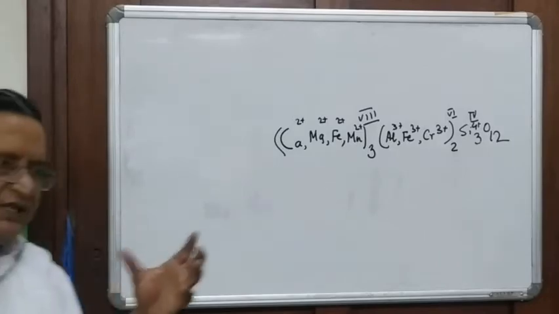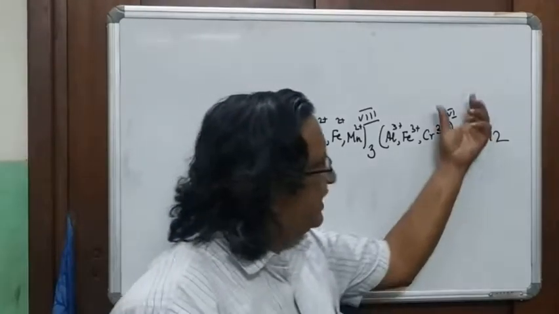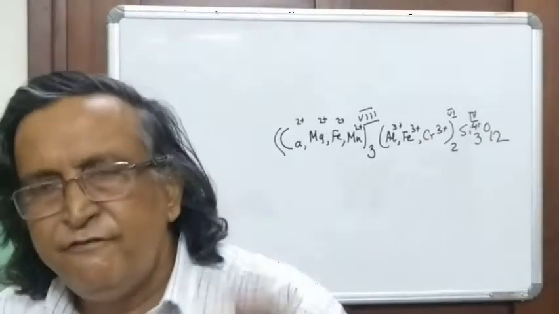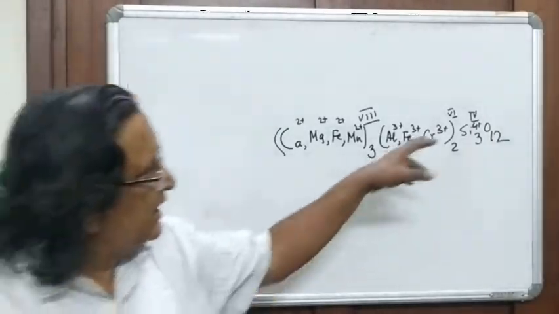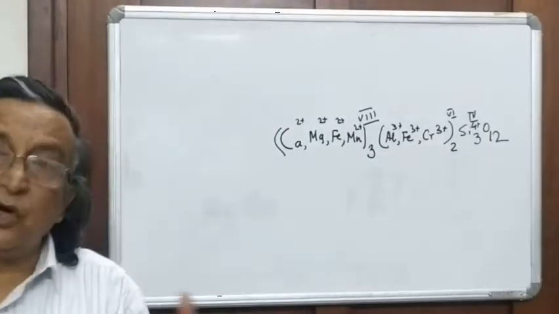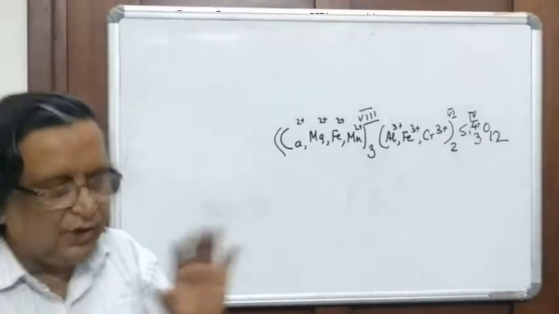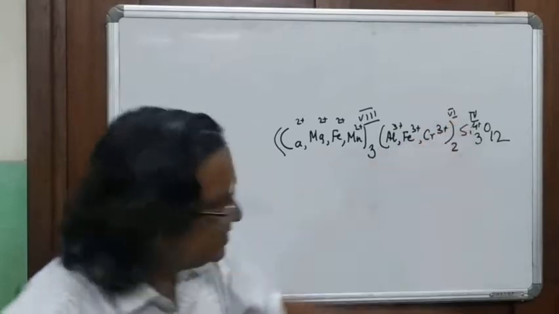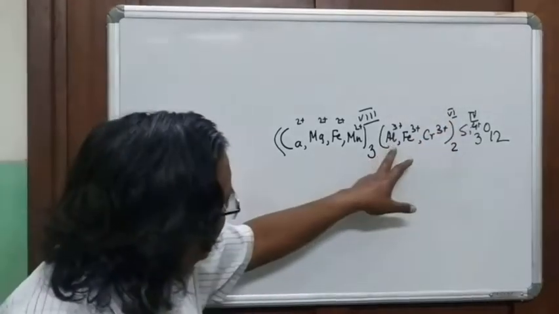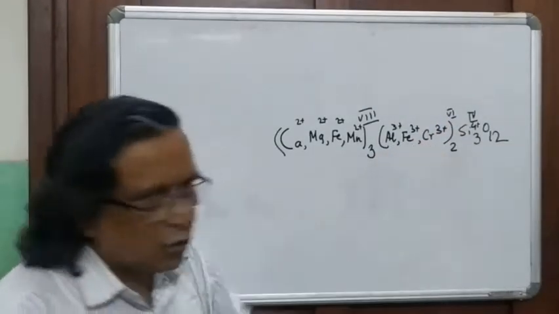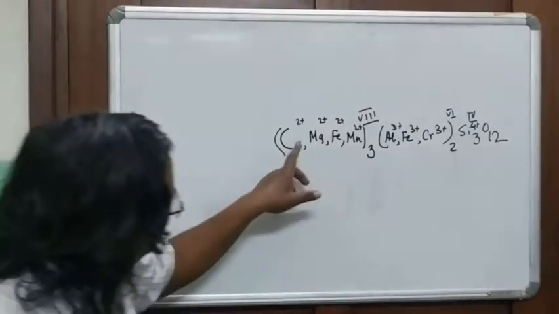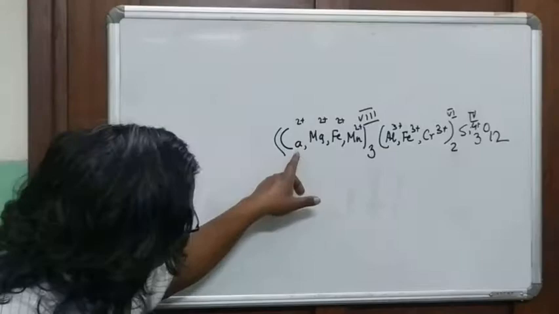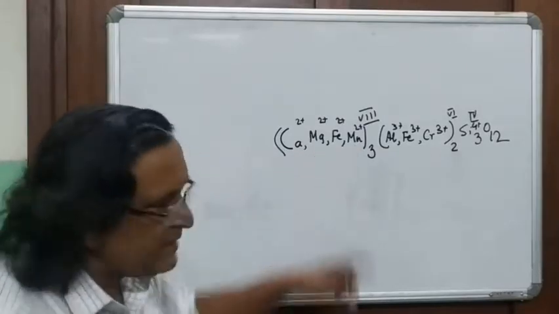In the garnet structure, you have 3 tetrahedral sites, which are almost always and invariably filled up by silicon, except in the case of hydroxyl. We don't go into that. Then you have 2 octahedral sites, which are filled by aluminium, ferric iron, and chromium. And then you have the cubic sites, which have calcium, magnesium, iron, and manganese.